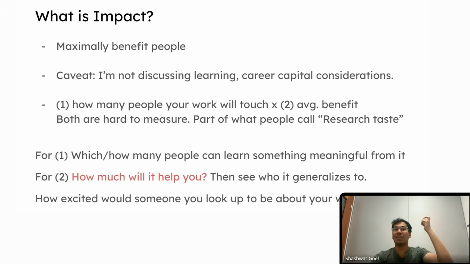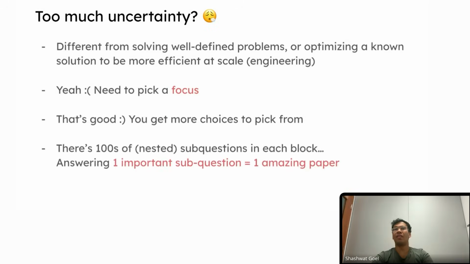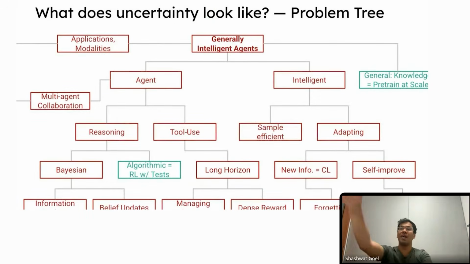Because like I said, the uncertainty looks like a tree, right? The long-term impact will be the higher nodes in this tree, but by solving the lower parts of the graph, you can keep having short-term impact and align it with your long-term vision.